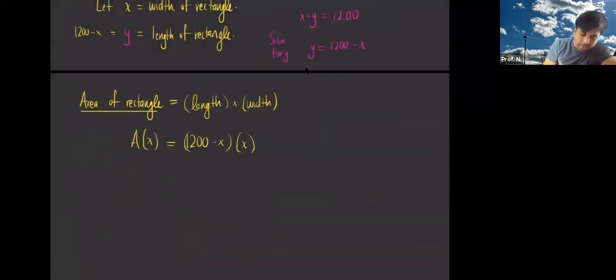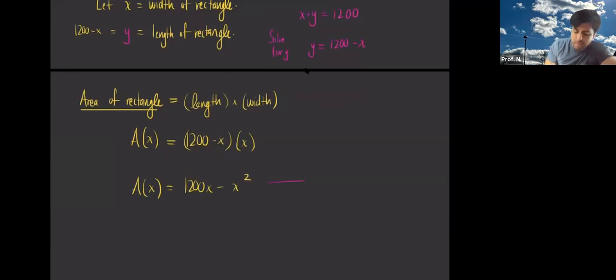Now, what do I have? When I distribute the x, I get 1200x minus x squared. What kind of function is A of x? Anybody?